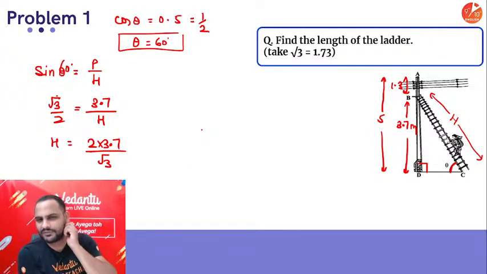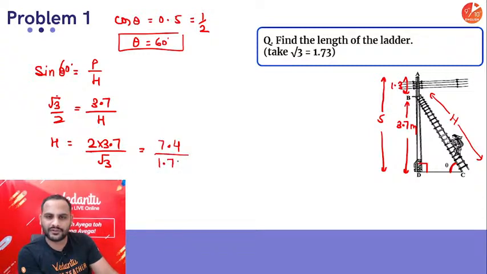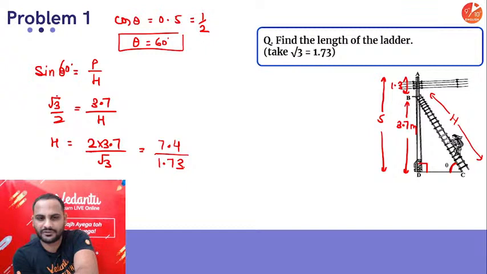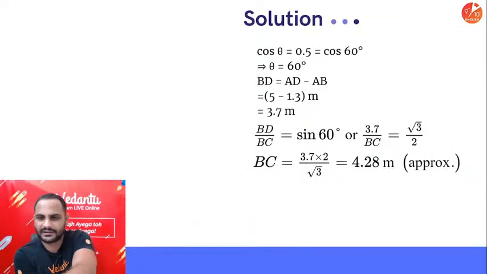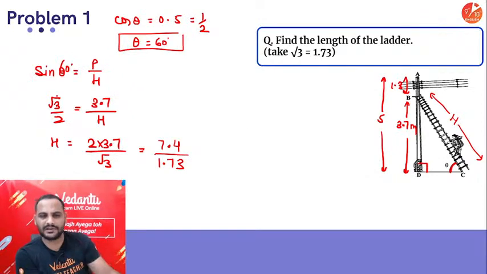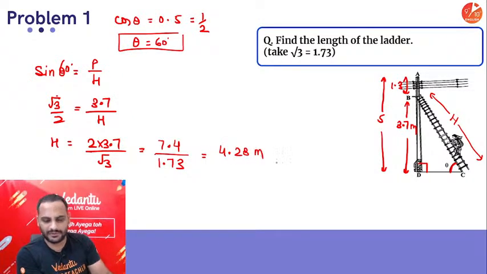Root 3 take it as 1.73, multiply here. So 2 7s are 14, carry 1, and 2 3s are 6 plus 1 is 7. 7.4 upon 1.73. So it is coming around 4.28 meters approximately. Calculation you can do, divide it.